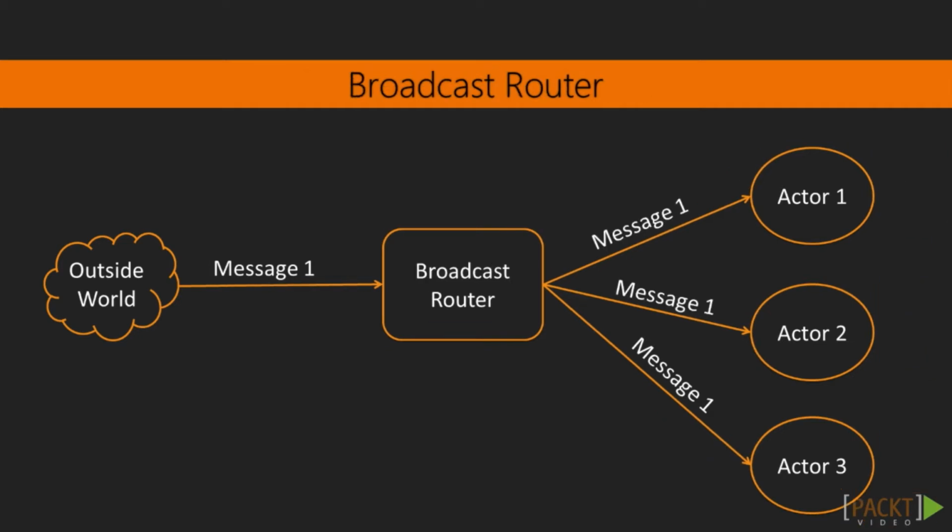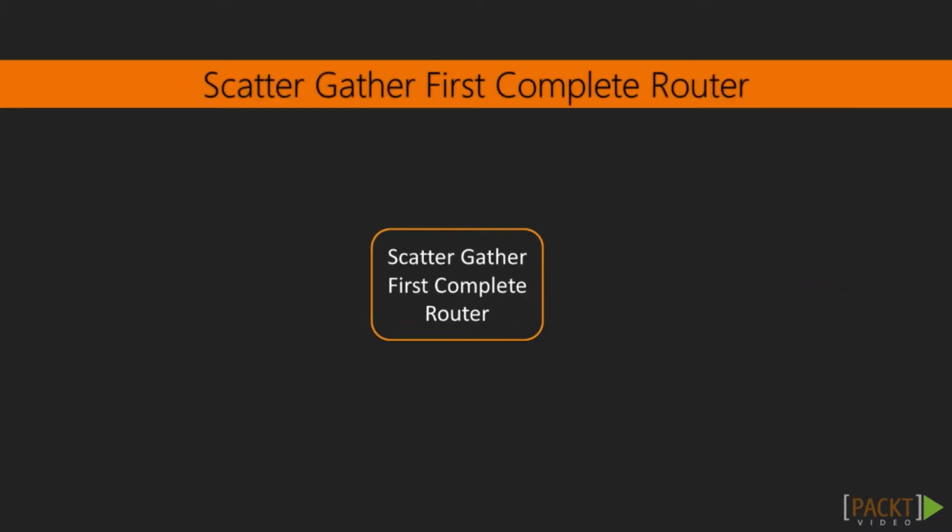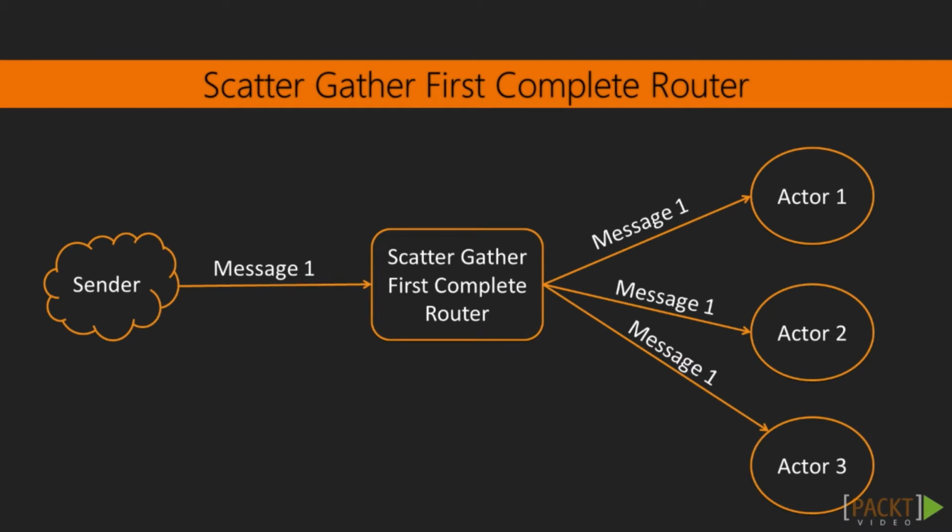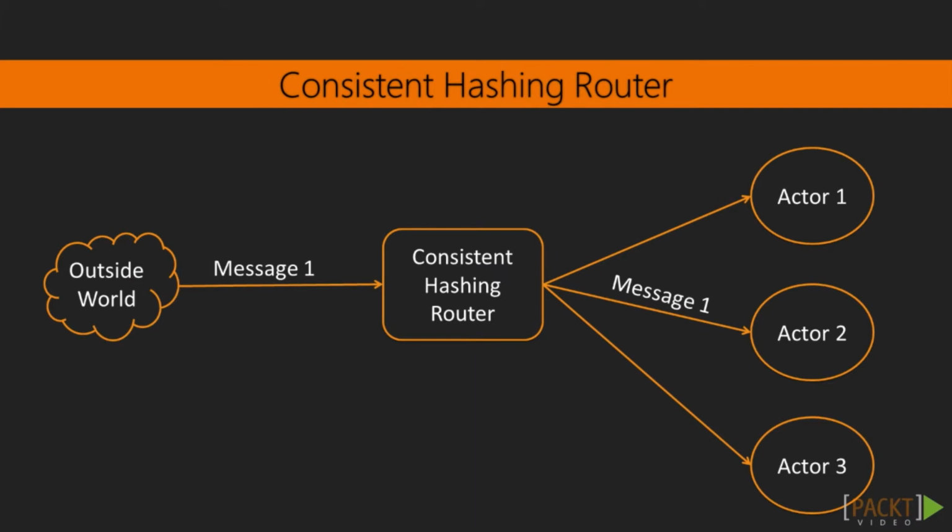Broadcast. Forwards the message to all its routees. Scatter, gather, first completed. Will send the message to all its routees, then waits for the first reply it gets back. This result will be sent back to the original sender. Other replies are discarded. Consistent hashing uses consistent hashing to select a routee.